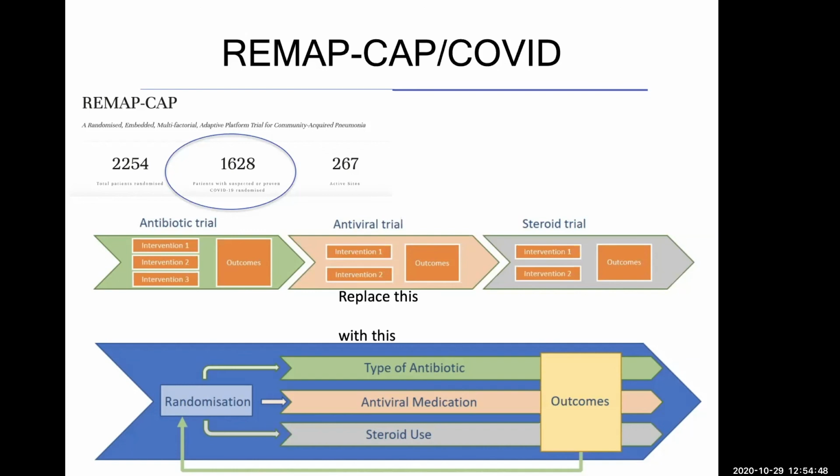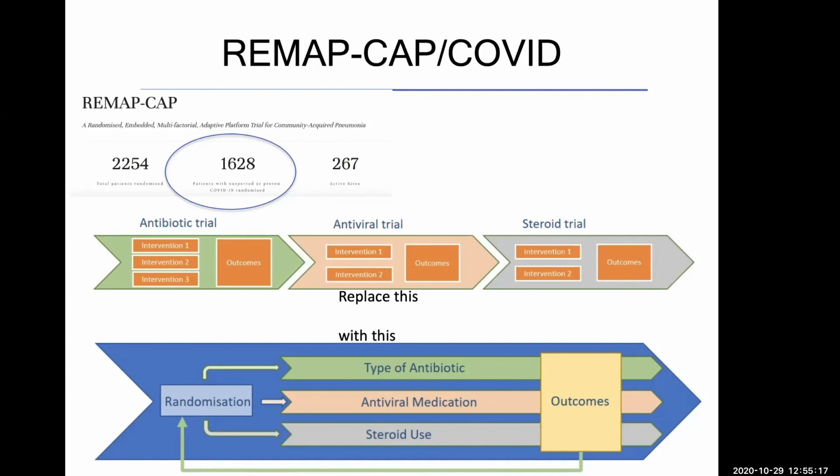And again, what this is trying to do is take these different domains. So instead of running an antibiotic trial, an antiviral, and a steroid trial separately, we are assigning regimens. So a patient that comes in, you get an antibiotic. Now, remember, the antibiotic might be placebo. It might be nothing. But you get an antibiotic, you get an antiviral, and this is a bit dated. I'll talk about the steroids in a minute.